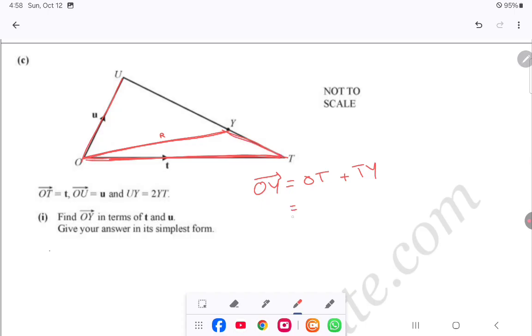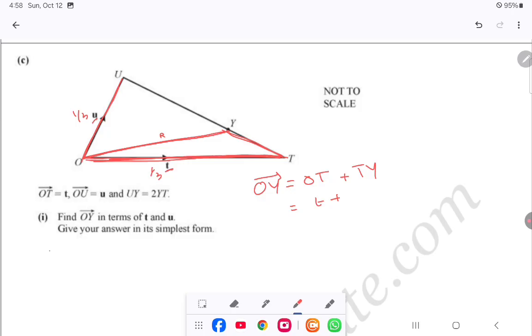Now for the OT, OT is given as the small t right here, and in order to calculate the TY, we can say that TY is a portion of U, this line, and of T, which is this line.